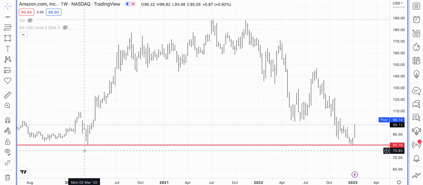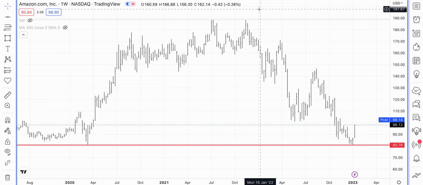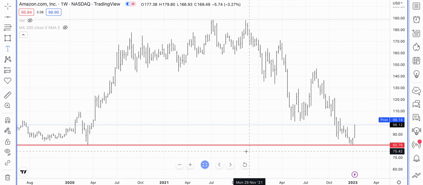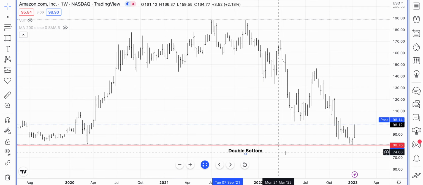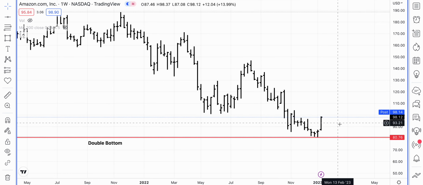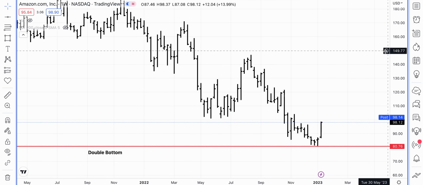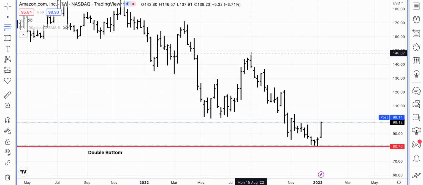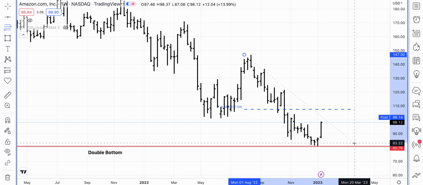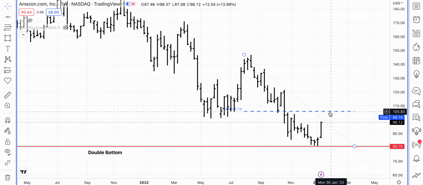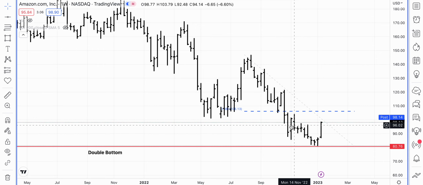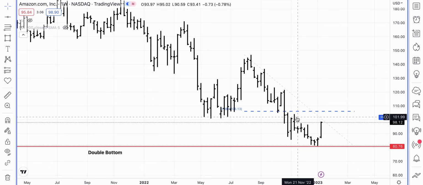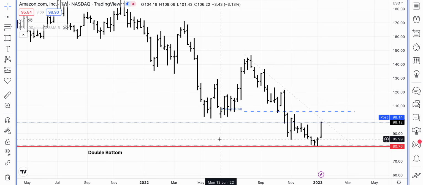It just went and tested the lows of March 2020, and so far this double bottom seems to have held. And look at how strong the price action has been over the last week. Just for kicks and giggles, we have the 38.2% retracement coming around 105. So we'll see how the stock behaves around that. But the good thing is that it would have taken this swing out. So that's going to be quite nice.